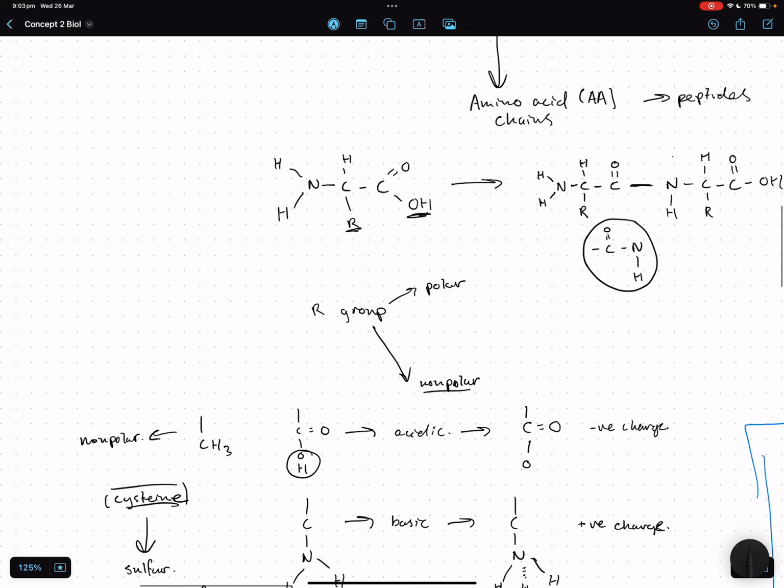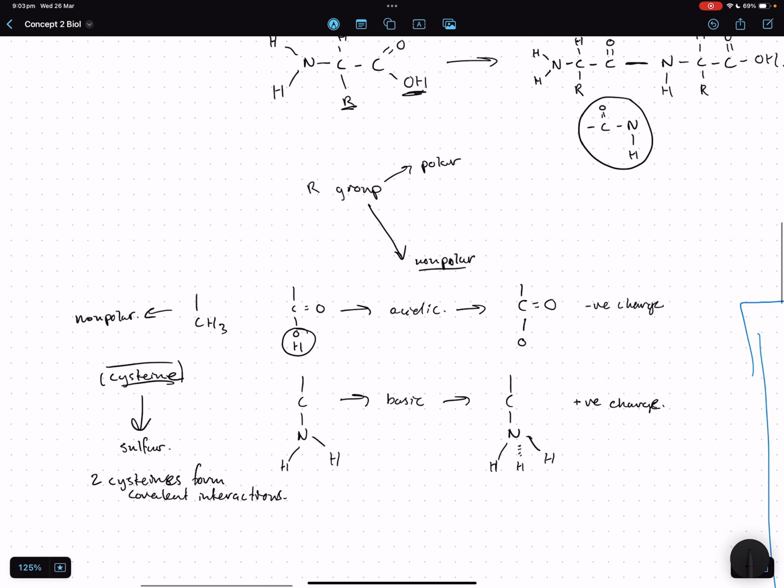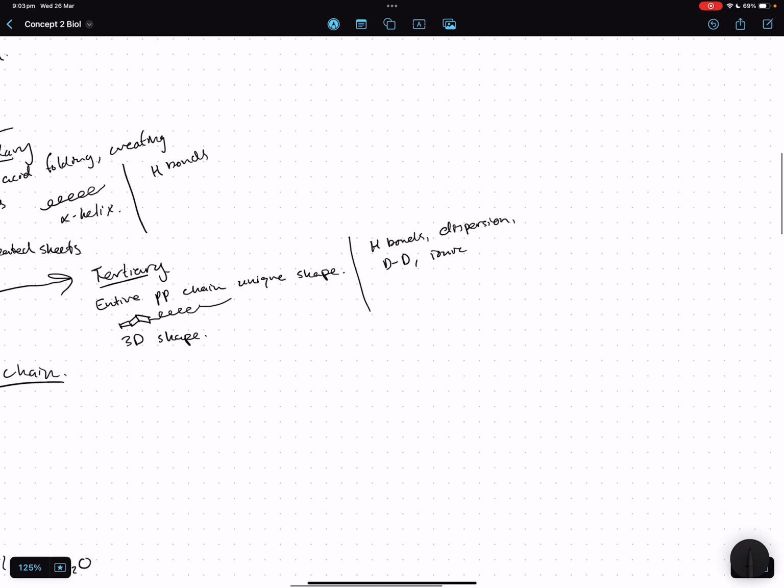In certain conditions you could have ionization of these little functional groups, and those charges lead to ionic interactions in the proteins.